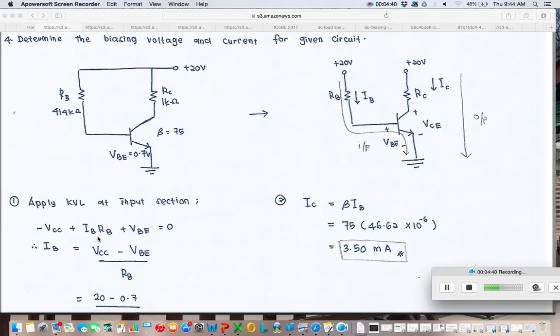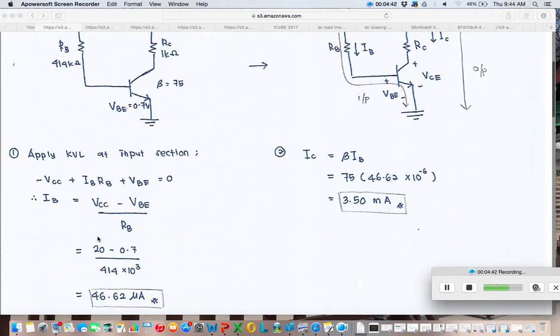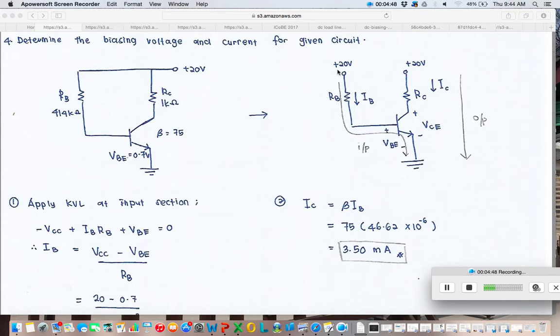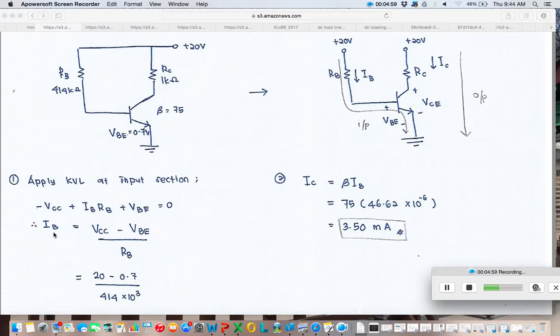So let's see the solution here. First of all, you need to apply KVL at the input section. So we have minus VCC plus IB times RB plus VBE equals 0. So you can get the IB here.